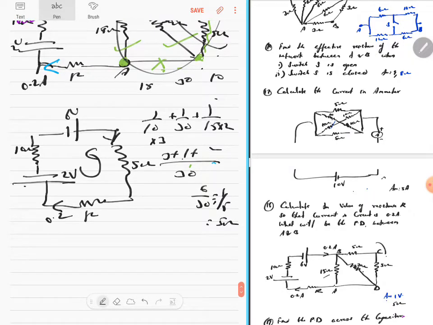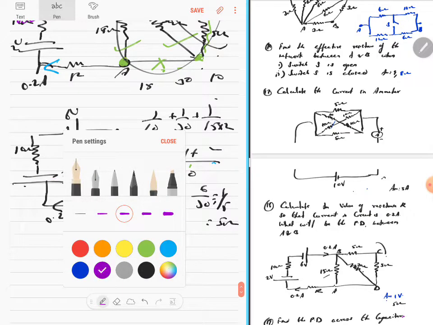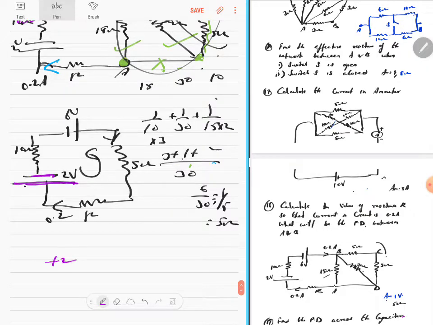Let's go from here. Negative to positive, it's plus 2. The current is going in the opposite direction, so 0.2 into R. And the same current is flowing in the opposite direction, plus 0.2 into 5. Plus the voltage is going from positive to negative, minus 6. It's 10 ohms, the current is coming in the opposite direction, 0.2 into 10 is equal to 0.